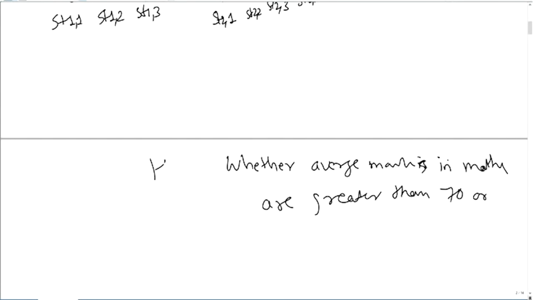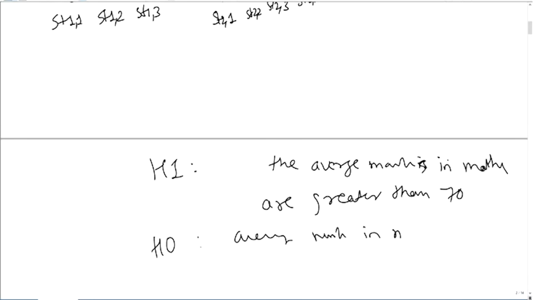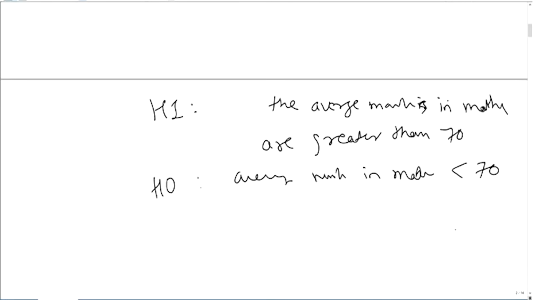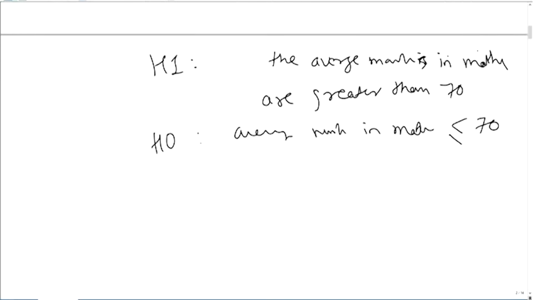So you have hypothesis H1, which says that the average marks in mathematics are greater than 70, and you have H naught, which says that average marks in maths are less than or equal to 70. Two hypotheses. How would you test them in the Bayesian framework?